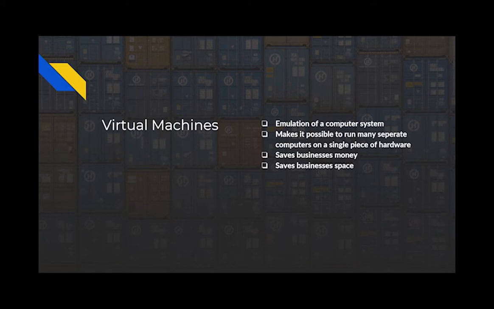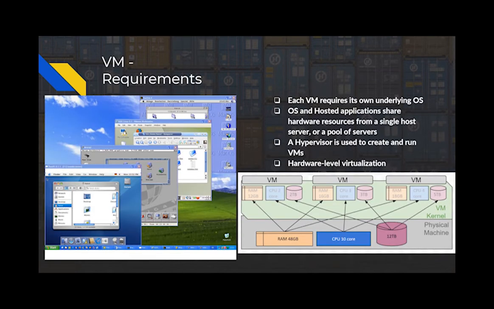What are some of the requirements of virtual machines? So each virtual machine requires its own underlying operating system, unlike containers, which share the host operating system. And the OS and hosted applications share hardware resources from a single host server or a pool of servers.